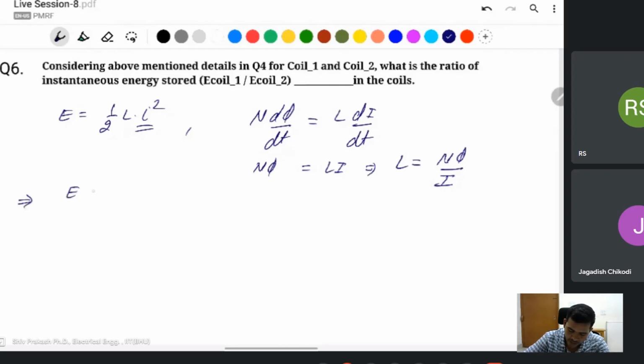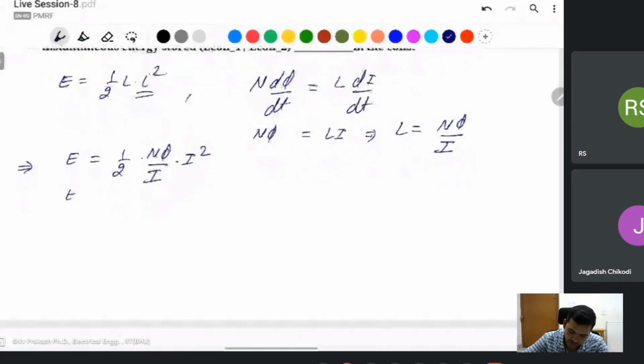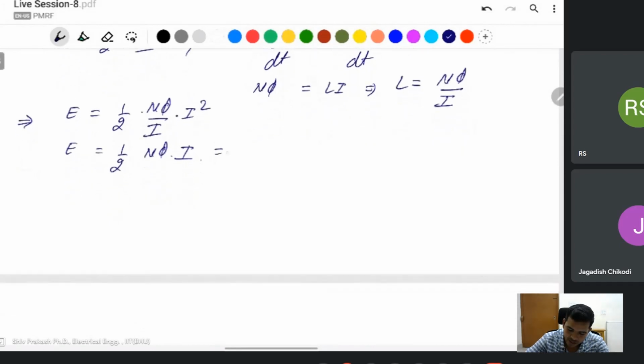Energy is equal to half of L I square. L you can present as N phi by I, into I square. I cancels out, giving half of N phi into I. You can write it in terms of MMF, half of N i into phi.